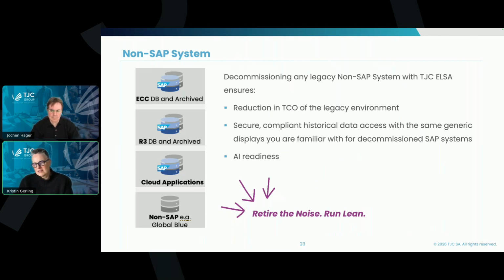Like I mentioned, SuccessFactors, but there's Concur, there's Ariba, there's other SAP cloud applications. And we are talking to SAP currently about finding a solution on how we can help them with the data growth in these applications so that they can offload some of the data and still have it available for their customers. And then there is the non-SAP part where the system has nothing to do with SAP, and that can be decommissioned using TJC ELSA as well.